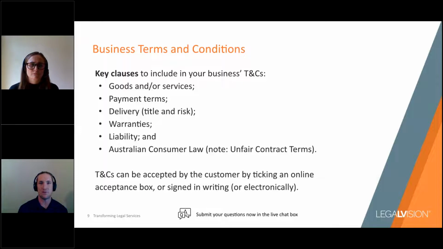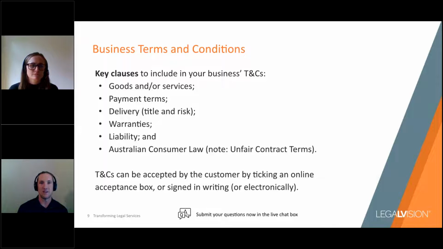Next we've got payment terms. This is obviously critical, having a think about whether you want to take some payment upfront in the form of a deposit. That might be necessary where you're engaging third parties because you might have to pay amounts to them. On that point, ideally you would be taking money from your customers before you have to pay any of your third parties.